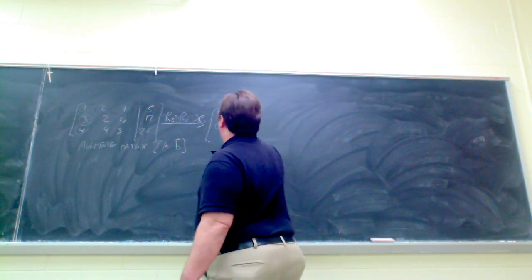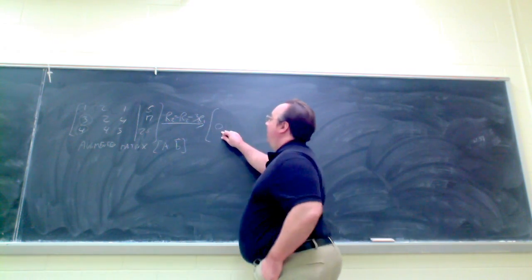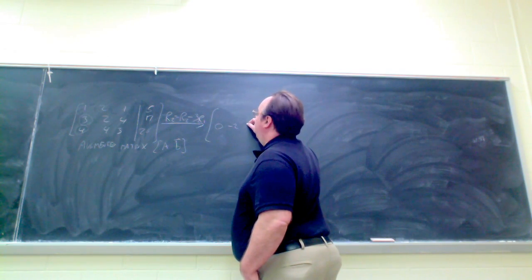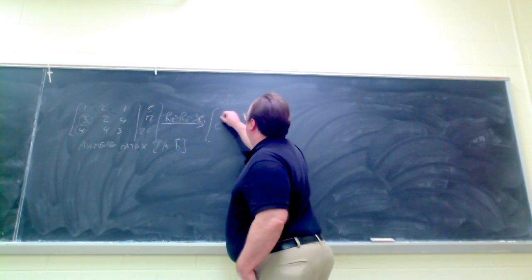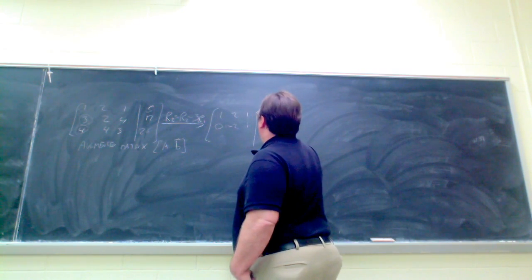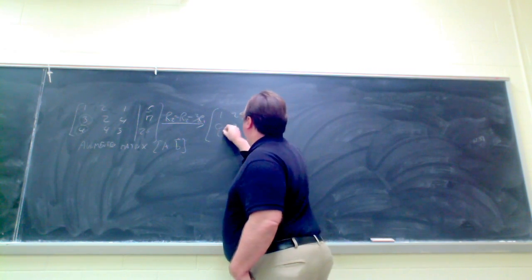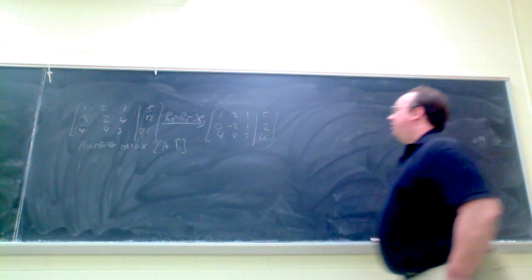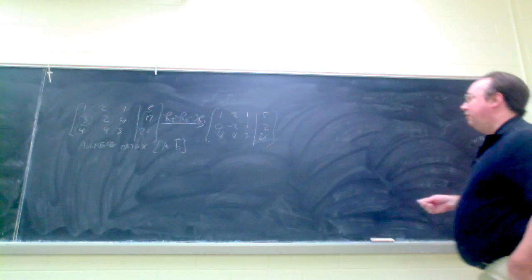So for this row, 3, 2, 4, I'm going to subtract 3, 6, 3. That will cause this entry to become 0. Don't forget the right-hand side, so you get 2 there. And I haven't done anything down here just yet. So we've zeroed one entry below the diagonal.